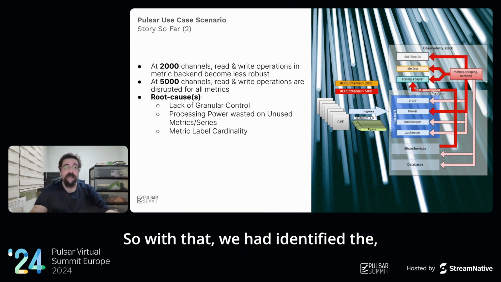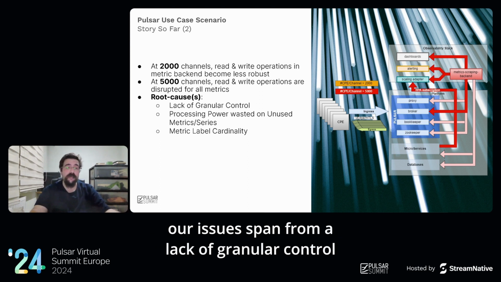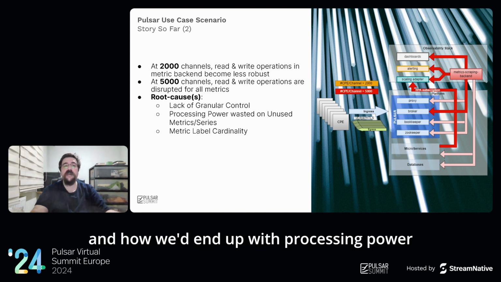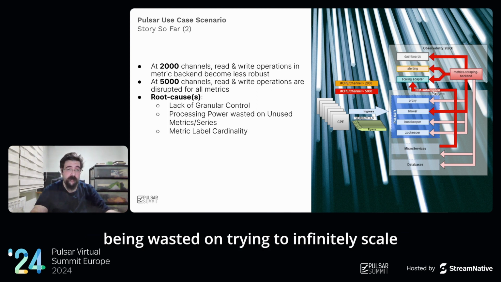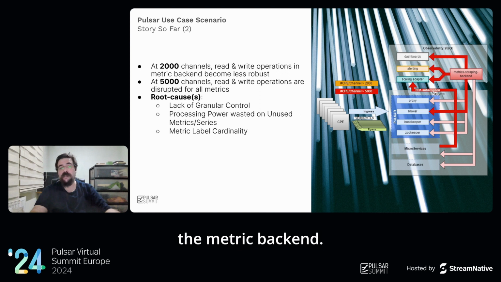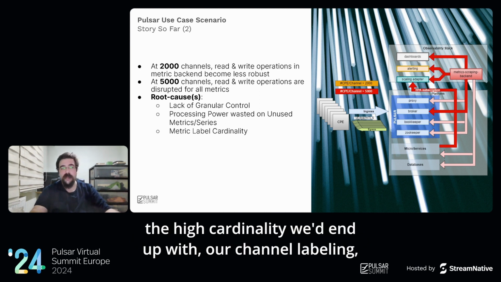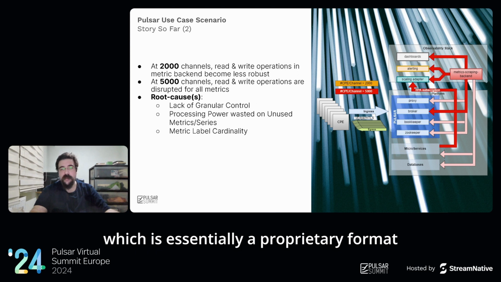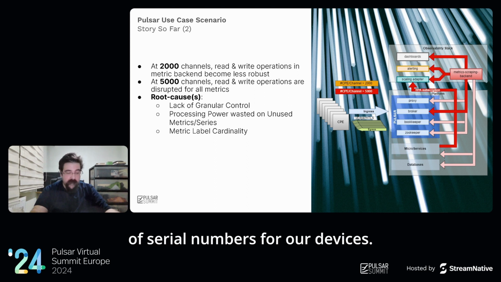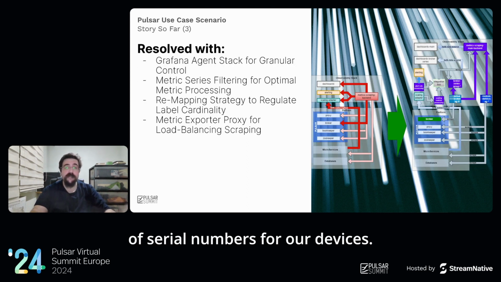We identified our issues as a lack of granular control of how we do our labeling, and processing power being wasted on trying to infinitely scale the metric backend. At the core of our issue was the high cardinality, with our channel labeling being a proprietary format of serial numbers for our devices.